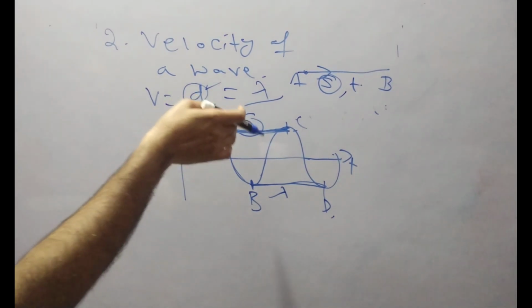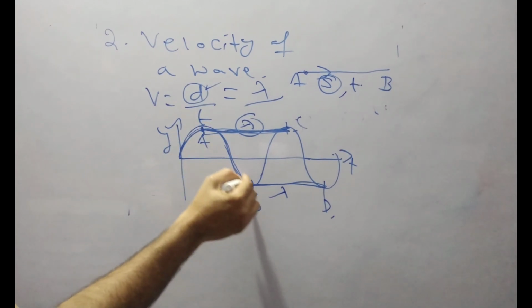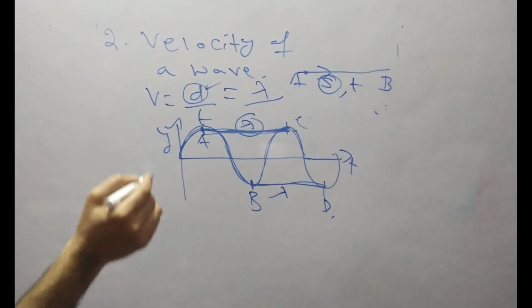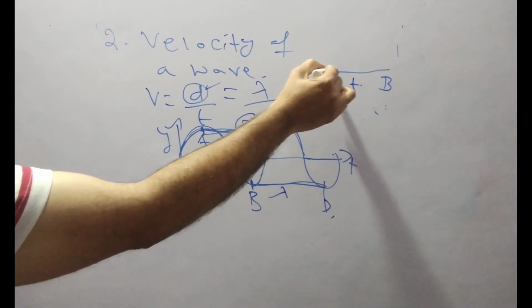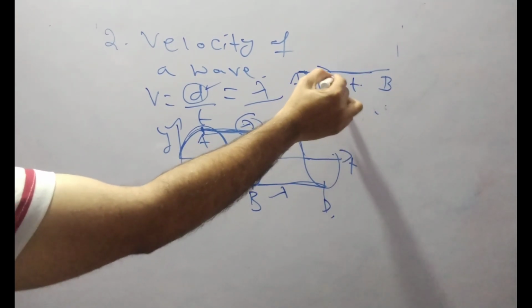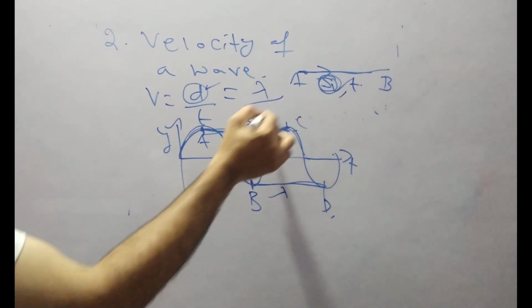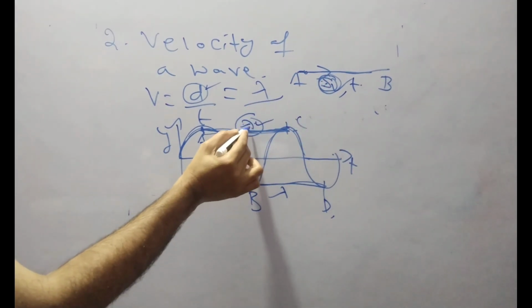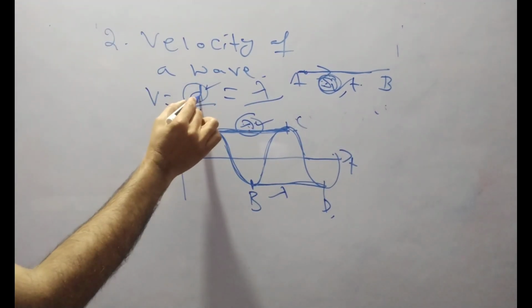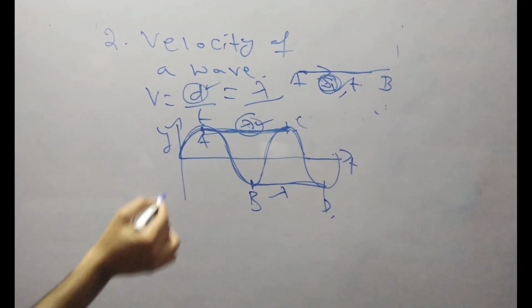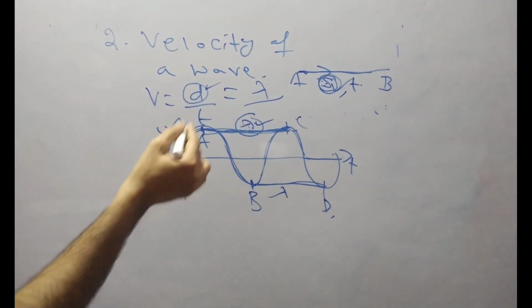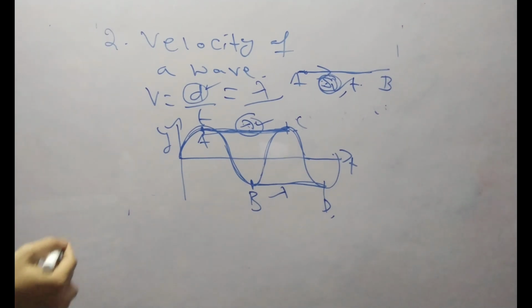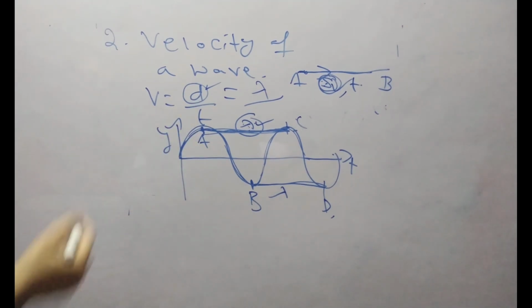So in the wave, lambda is the distance, whereas when the object is moving in a straight line, the distance is s. So you have to replace d with lambda. What is time? Time is the time period, which was already explained in the previous videos.